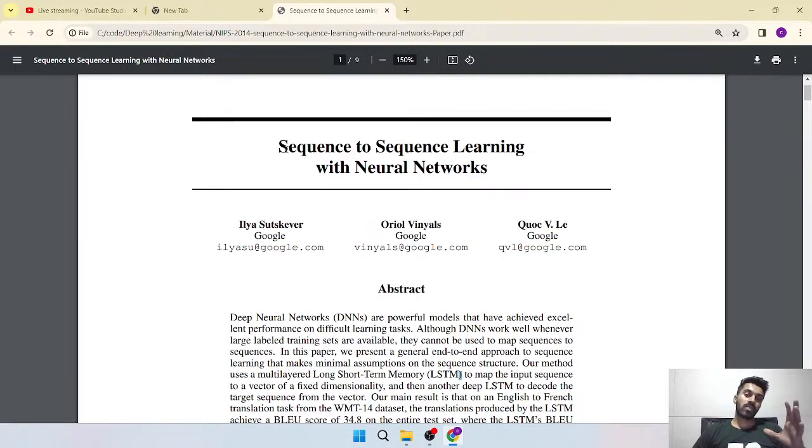Coming to the point of why we need sequence to sequence learning models: suppose we are doing a language translation problem. In English the sentence is "I am good." If we convert this sentence into Hindi, it is "मैं ठीक हूँ." This is not a word-by-word sequence mapping.